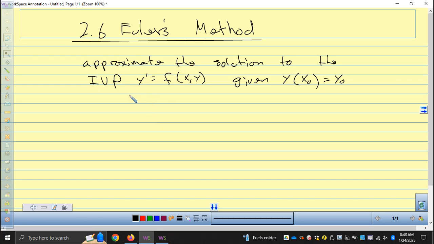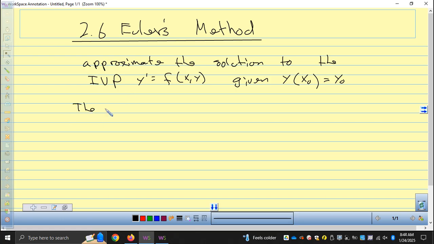We're relying on the fact that this function, y prime, is the slope. The function gives us the slope of the tangent line at a specific point.